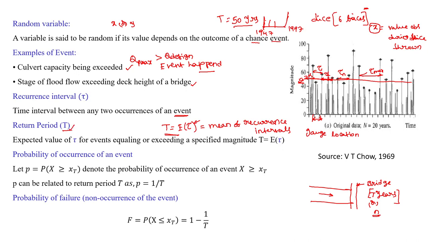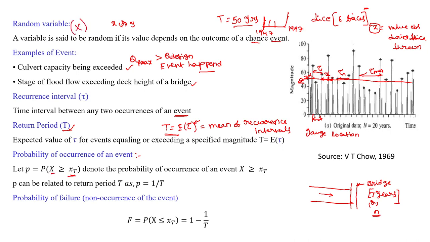So what is the probability of occurrence of an event? How can we calculate the probability of occurrence of this particular event? Suppose the probability of stream flow exceeding the threshold. Let's say we assume that xT is our design value and X is a random variable.